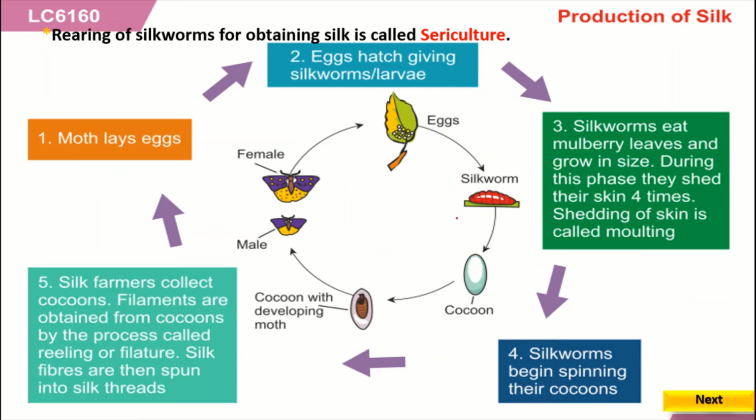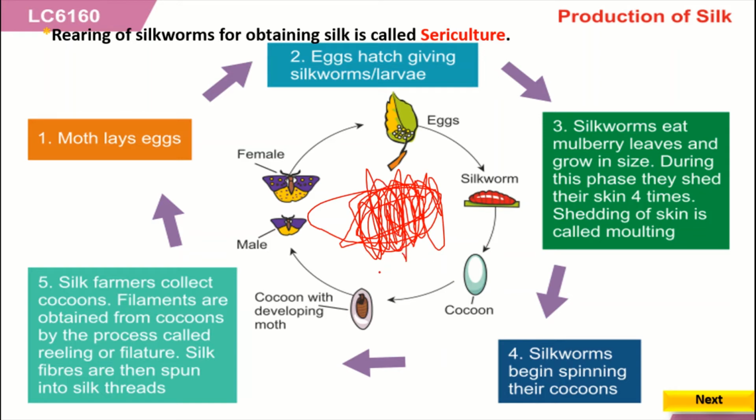Next, the silkworm forms a cocoon around itself, like this. Silkworms begin spinning their cocoons around themselves, and these cocoons help in making the silk fibers.